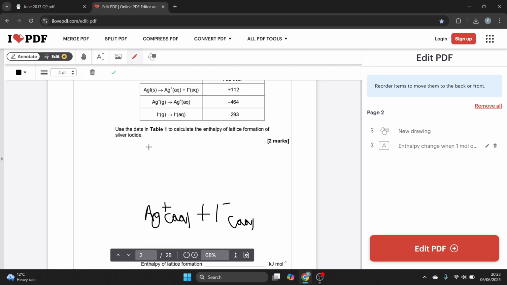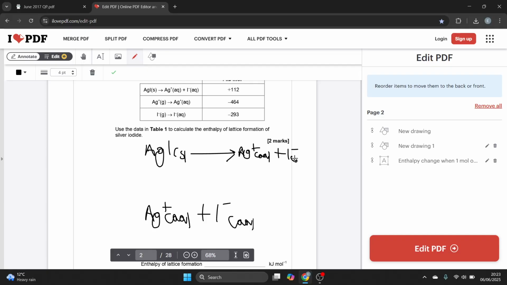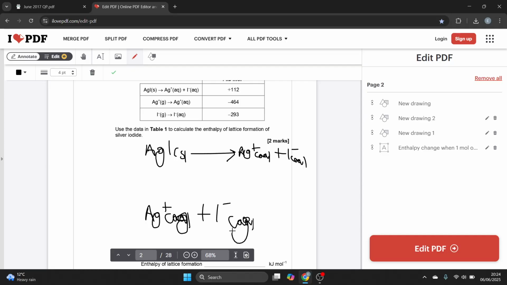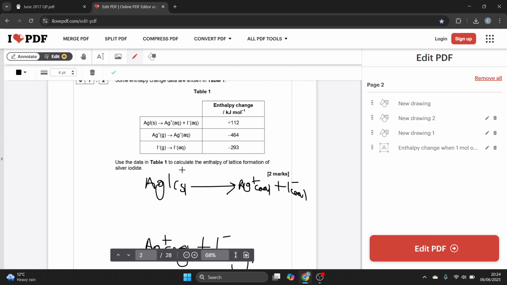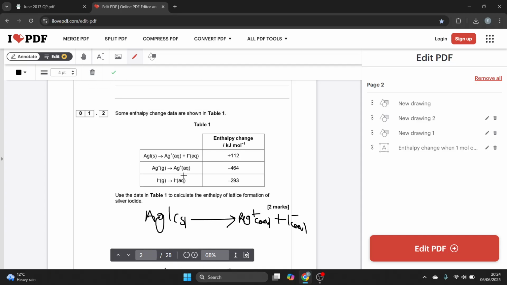Actually no, I'm going to have this at the top. I'm going to have the gaseous ions at the bottom. And now I'm going to find the enthalpy of lattice formation of silver iodide.